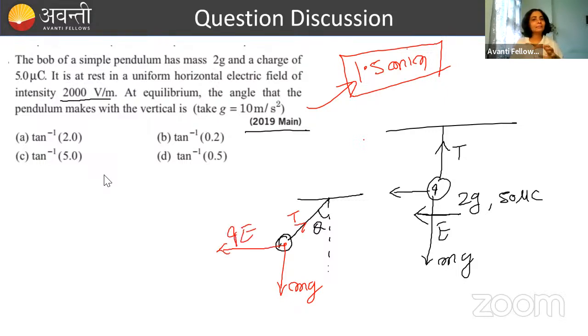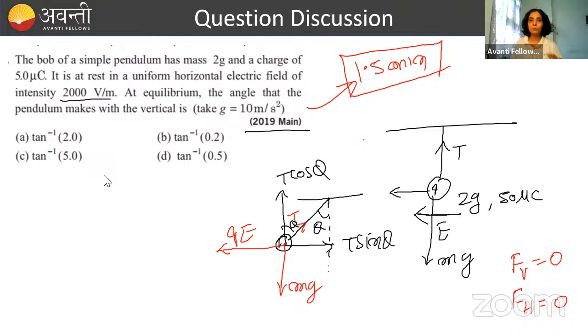Now if this is in equilibrium, if this is at rest, it means the force acting in the vertical direction is 0 and the force acting in the horizontal direction is 0. So net force in the vertical direction is how much? Let's break the tension. One component of tension will be T cos theta upward because this angle is theta, and here it will be T sin theta.